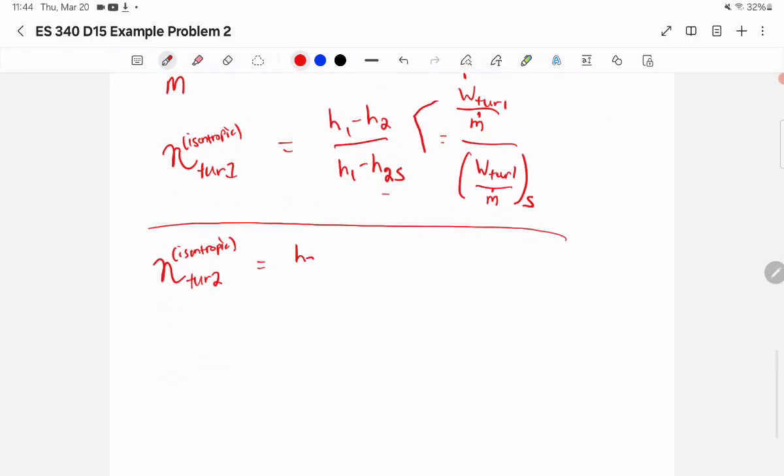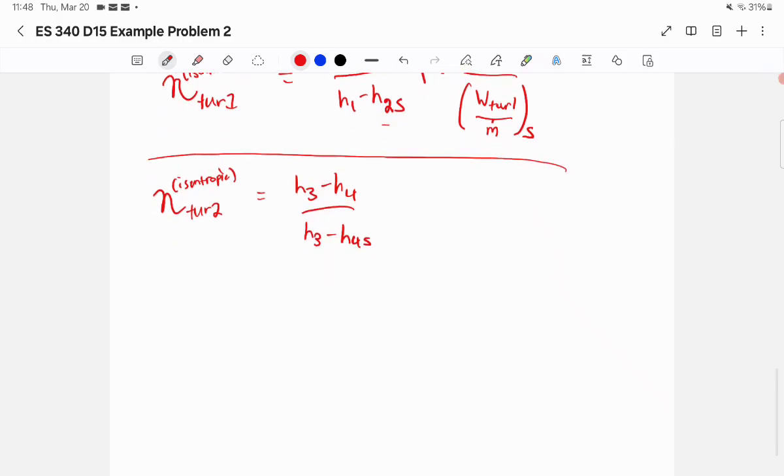So that's going to be h3 minus h4 over h3 minus h4s, at the isentropic state. So that's the isentropic efficiency of the second turbine.